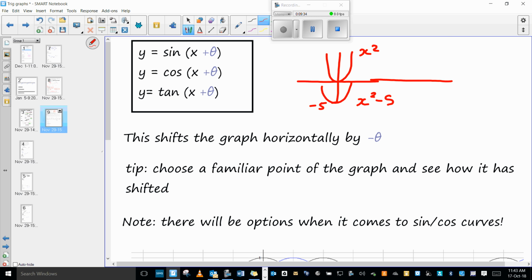If I had one over here that went through the value of 6, what would the equation of that graph be? Minus 6, all squared. Okay?